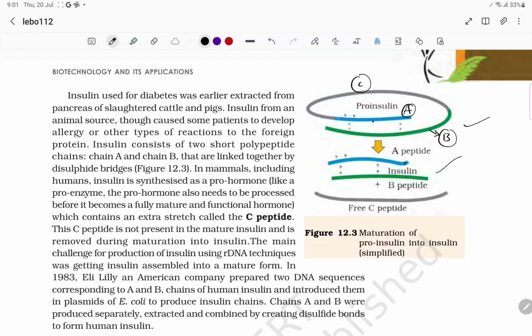In the proinsulin we have the C polypeptide chain. After we free this C polypeptide chain, then this will be the active insulin. When the C polypeptide chain is attached between A and B, it is inactive. When this C is separated, it becomes active.